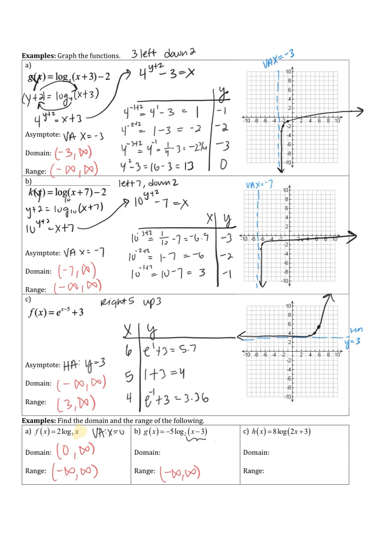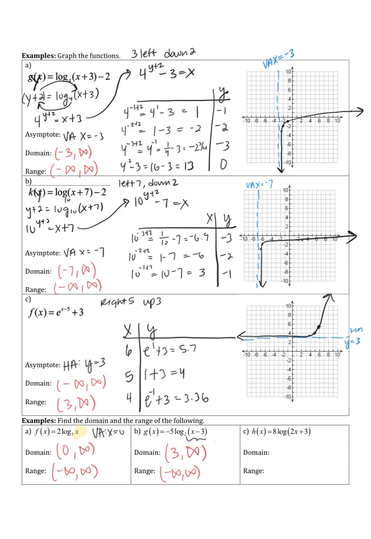And since I have a reflection over the x-axis, I know the reflection is occurring from up here to down here. So I'm not worrying about any reflection this direction, which doesn't make me worry about any values over here. I know all the values still exist from the vertical asymptote to positive infinity. So in this case, our function is going to have a domain from 3 to positive infinity.